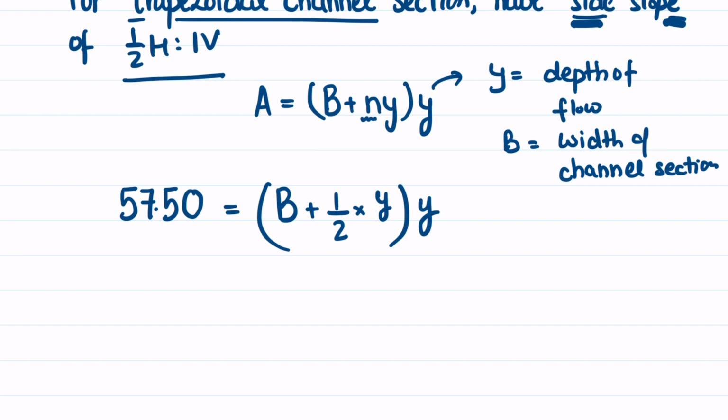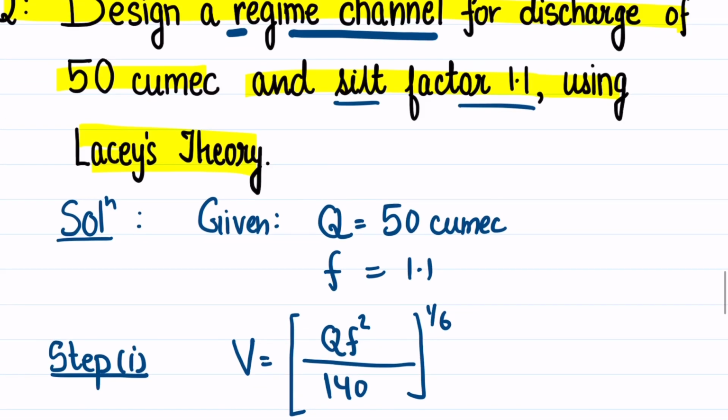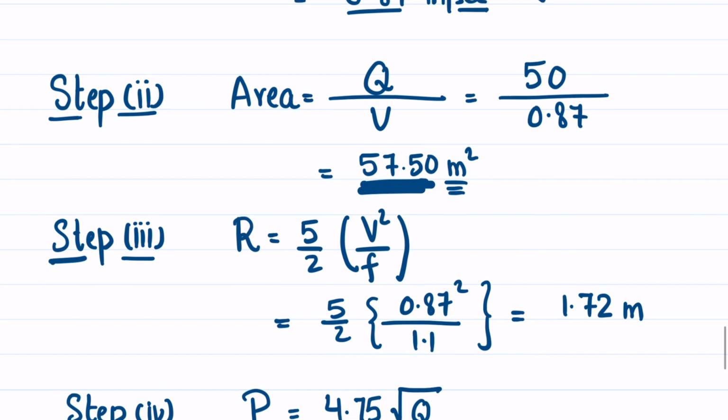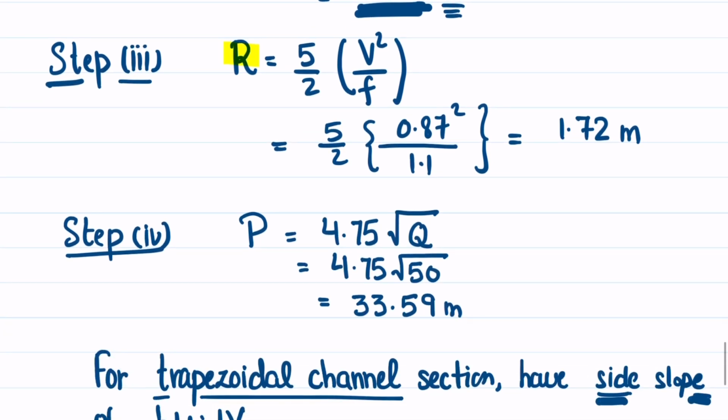Next, since we have to find out the width value and depth value, because we are designing a regime channel section that carries a discharge of 50 cumecs, what do we need? We have specified the velocity with which the water should flow, the area, the hydraulic mean depth, and the parameter.